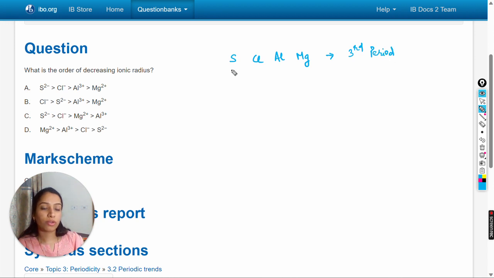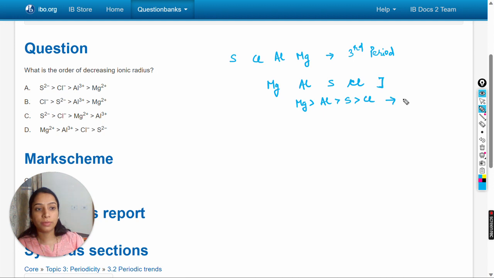And if we go from left to right in the third period, then firstly magnesium will come, then aluminium will come, then sulfur, and then chlorine. So if in this question the atomic radius of these elements is asked, then the answer will be magnesium, aluminium, sulfur and chlorine.